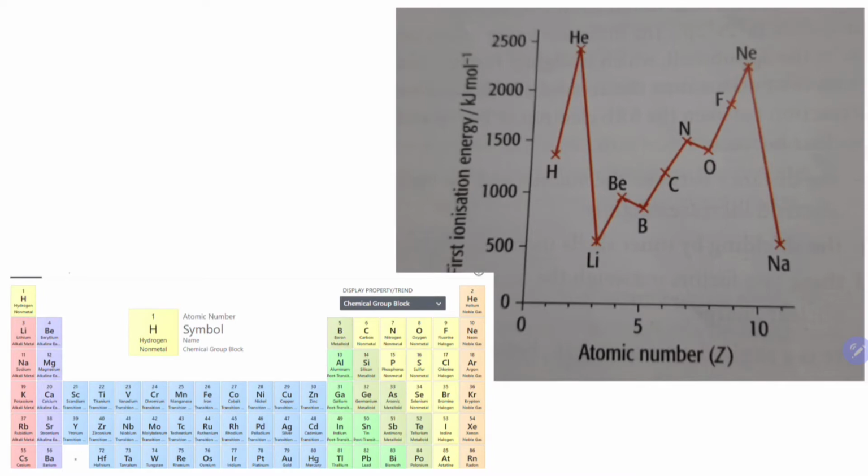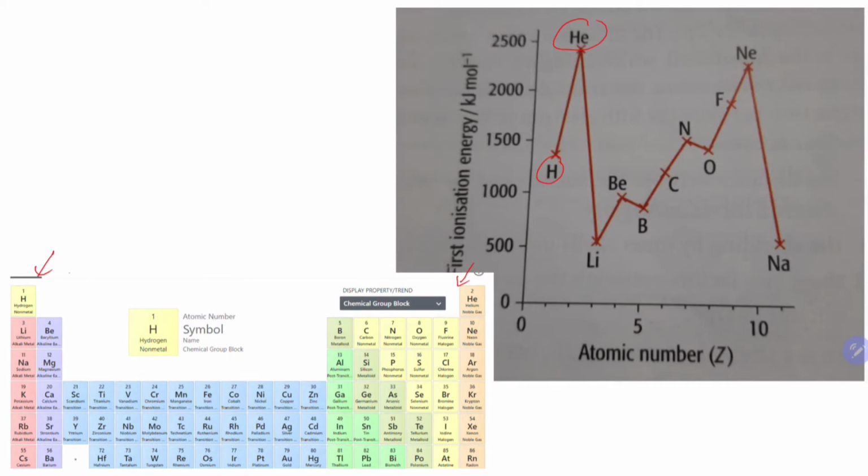Here we have the periodic table and the first ionization energy values. We have hydrogen here, in group 1. And then you have helium, in group 18, the noble gases, group 8A.